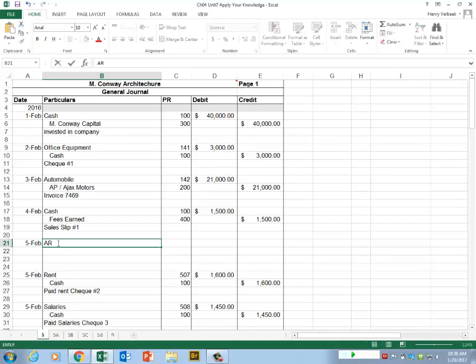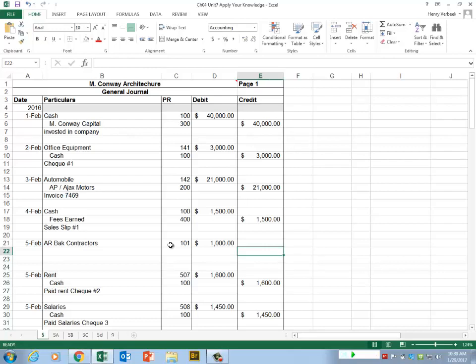So I'll just go AR, Back Contractors, and accounts receivable, the number is 101, and it was for $1,000 in the debit. And fees earned is always a credit, and we know that because fees earned are good for owner's equity, which is a credit. So that's how you memorize that and remember that.